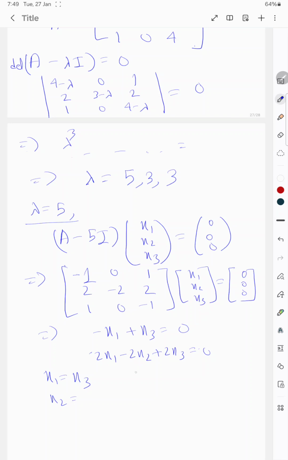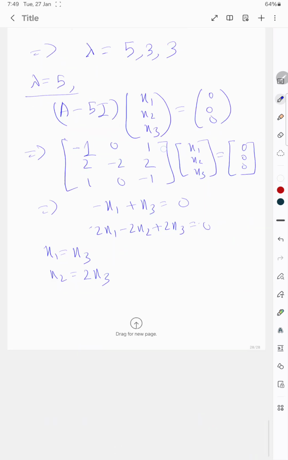So you just check, 2x2 will be 2x1 plus 2x3. I am writing everything in terms of x3, okay? So you are getting 2x2 equal to 4x3, that means x2 is equal to 2x3, right?